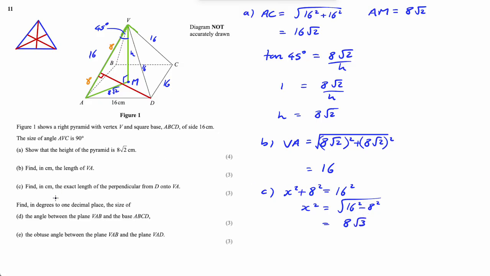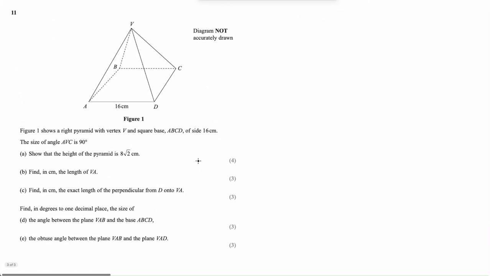Then he says find in degrees to one decimal place the size of the angle between the plane VAB and the base ABCD. Okay, guys, I'm going to move down here. I have another diagram, but I'm going to bring in some of the distances that we had. So he wants the angle between VAB and the base.